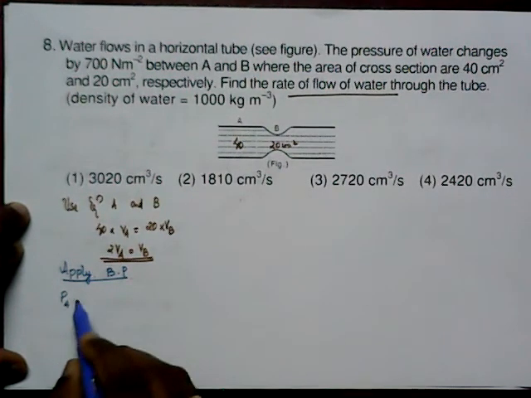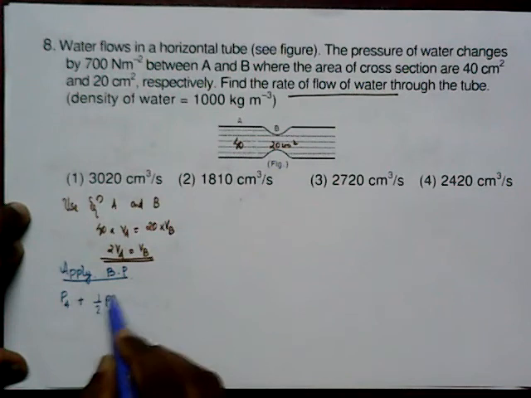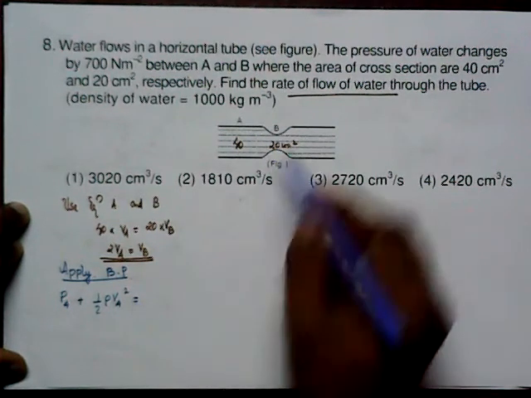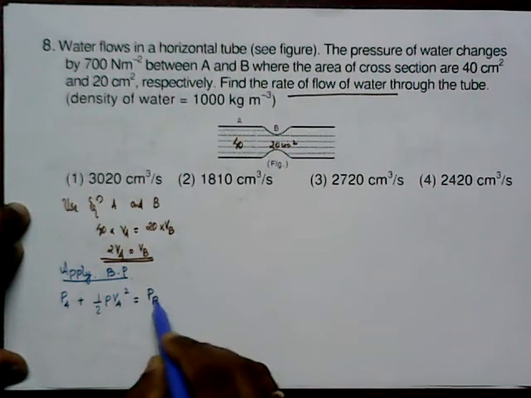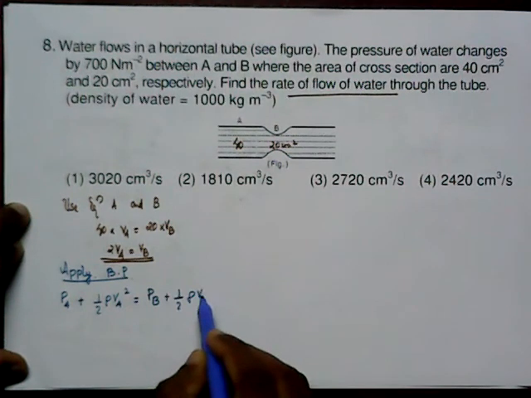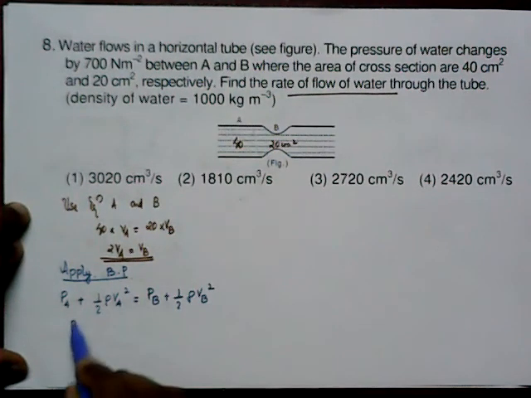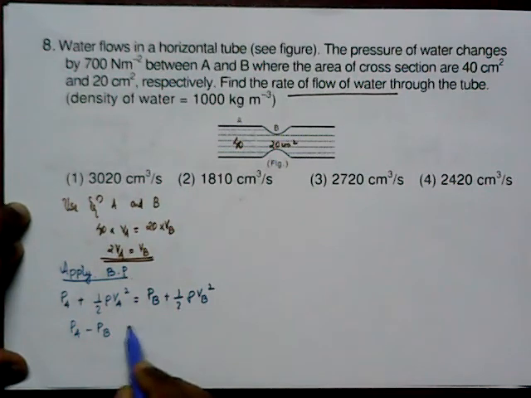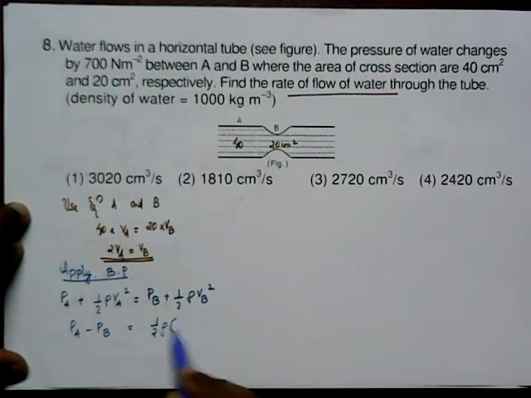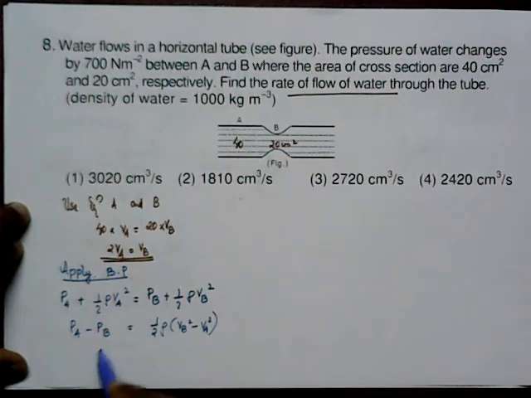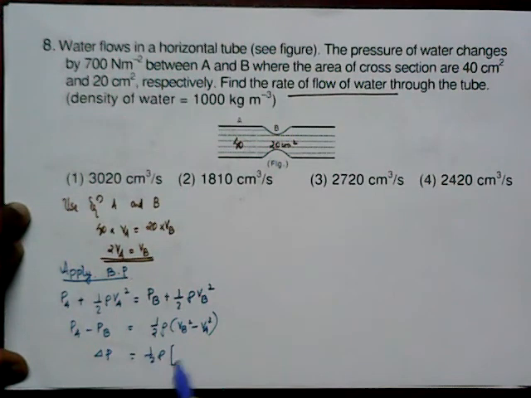Then the pressure at point A plus half rho VA square should equal PB plus half rho into VB square. So we can say PA minus PB is equal to half rho into VB square minus VA square. So the change in pressure delta P is equal to half rho into VB square minus VB square by 4, since VA is VB by 2.